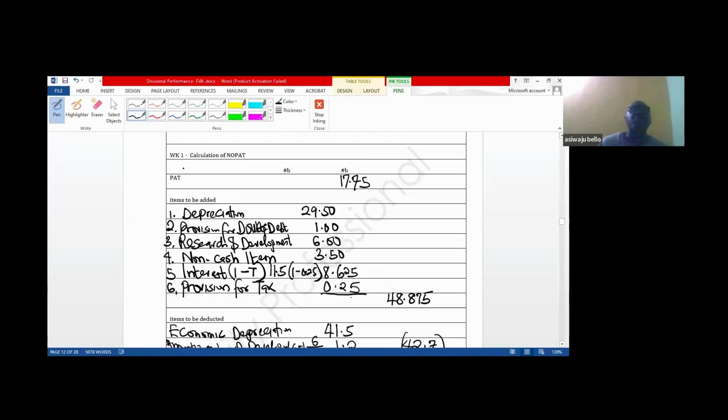You can now get your NOPAT. 17.75 plus 48.875 minus 42.7.